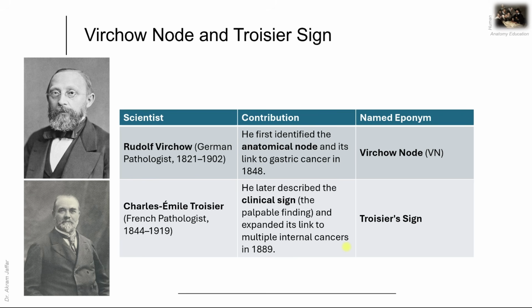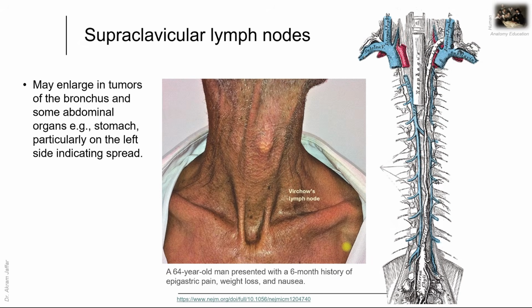So enlargement of supraclavicular lymph nodes is because of backflow of lymph from the thoracic duct or from the right lymph duct that drains the right bronchomediastinal lymph trunk, backflow of lymph to the jugular lymph trunk and the inferior group of deep cervical lymph nodes represented by supraclavicular lymph nodes.